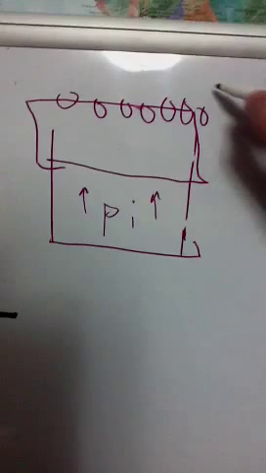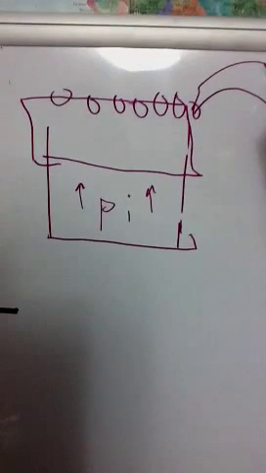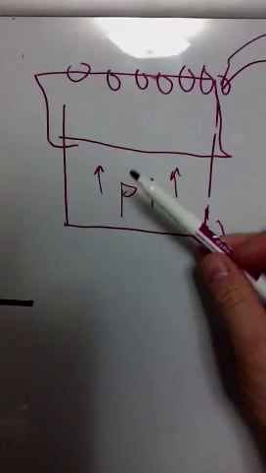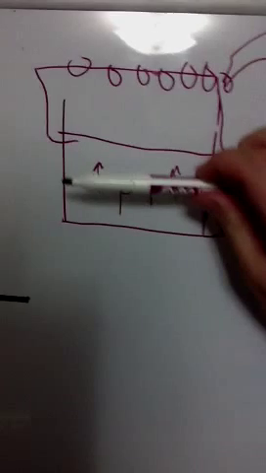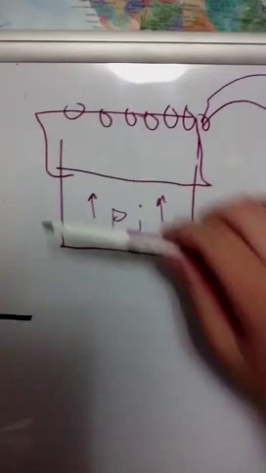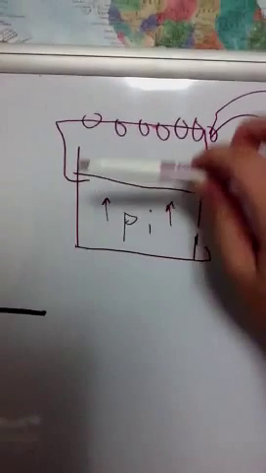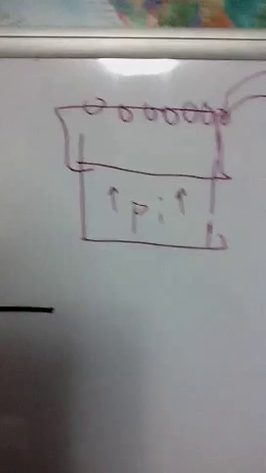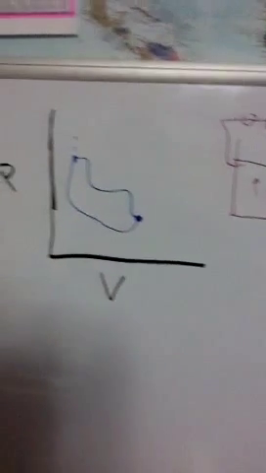What I can do is take these little pebbles off, ever so slowly, and of course what's going to happen is there's going to be a force exerted, and this piston is going to move up. Well, what is that doing? If I have a force over a distance, what is that defining? Well, force over distance is the definition of work.